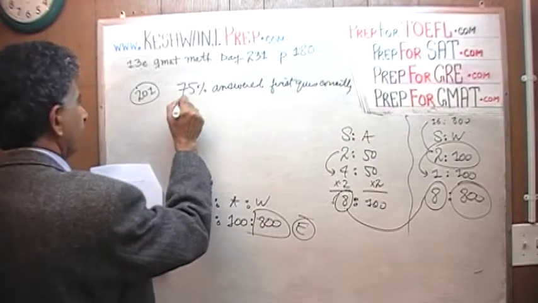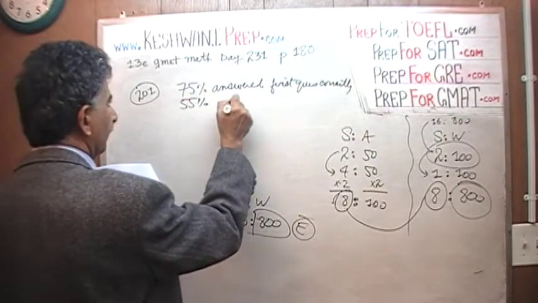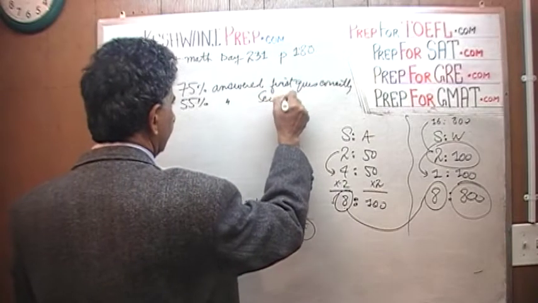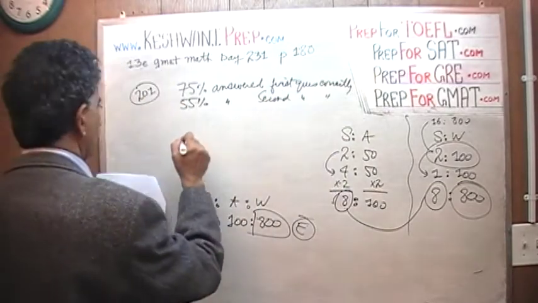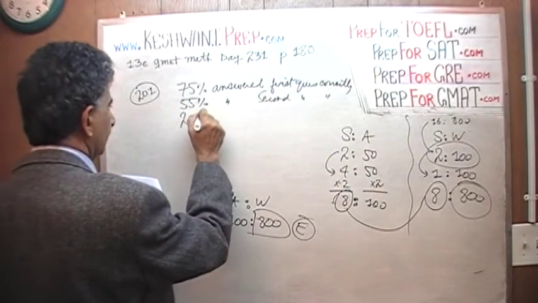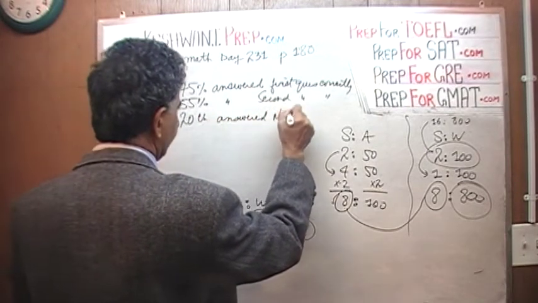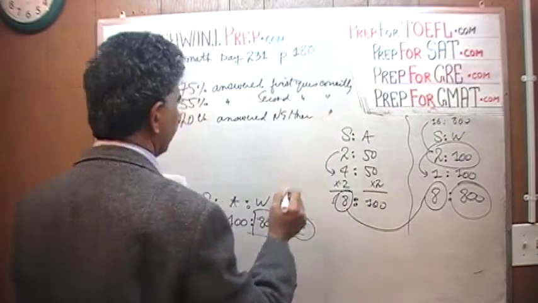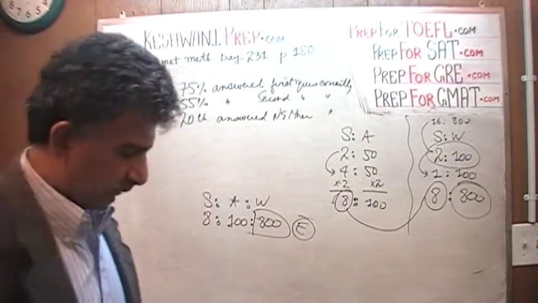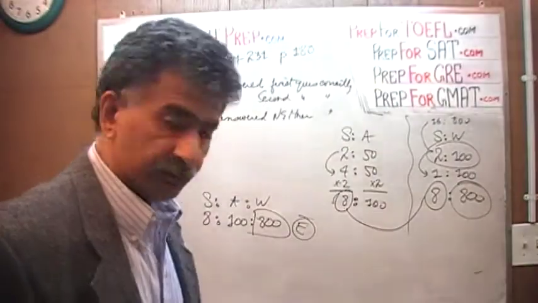We are further told that 55% of people answered the second question correctly. And we are told that 20% answered neither correctly.